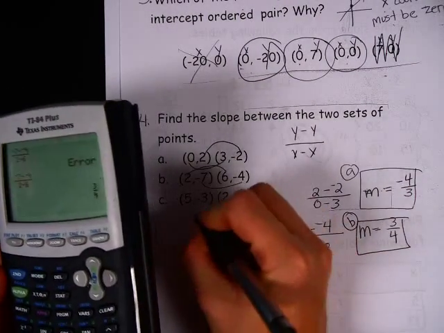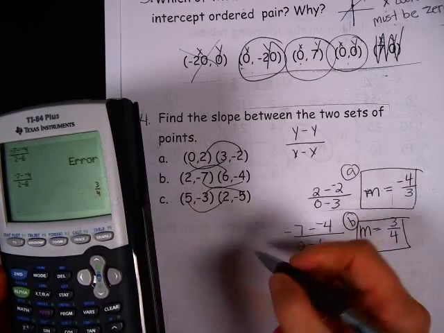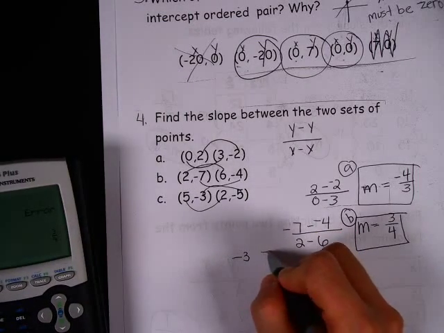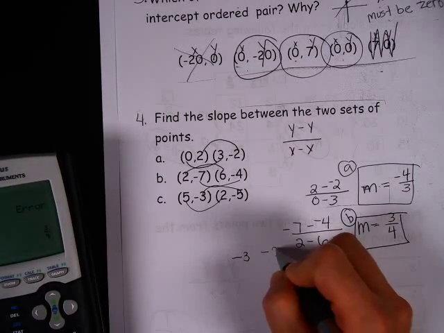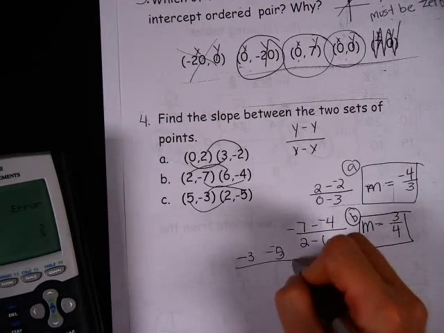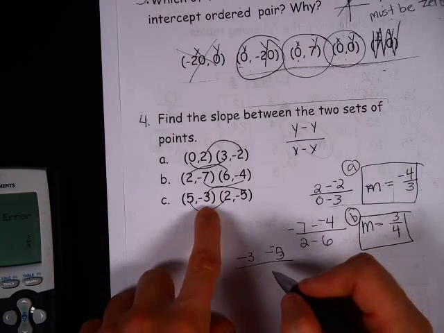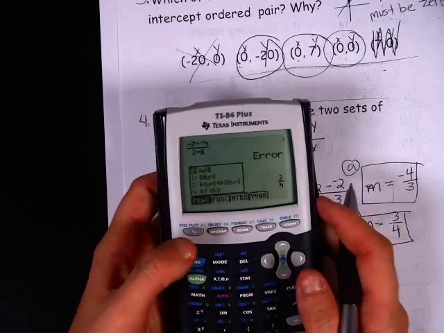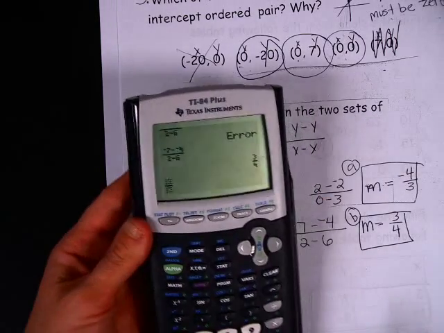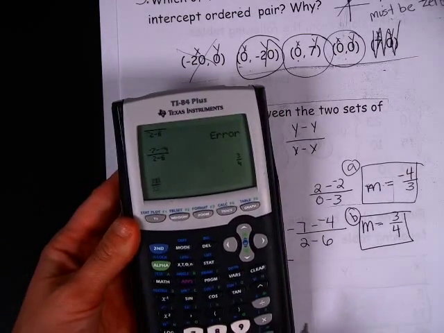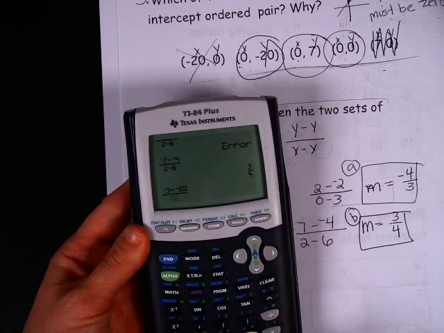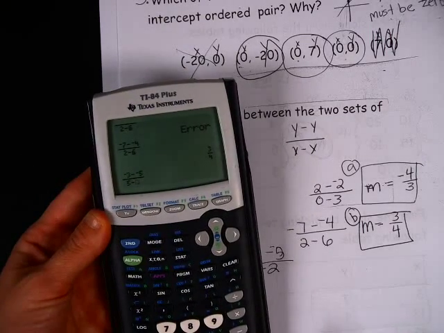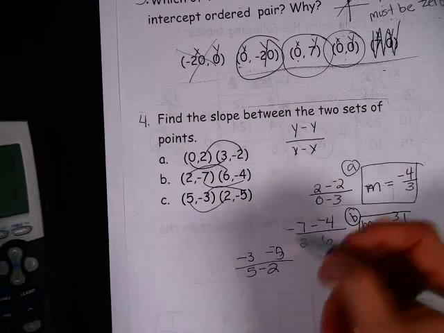Last but not least, it would be negative 3 minus negative 5, over 5 minus 2. This is why we have this. So it would be negative 3 minus negative 5, over 5 minus 2, which is 2/3.